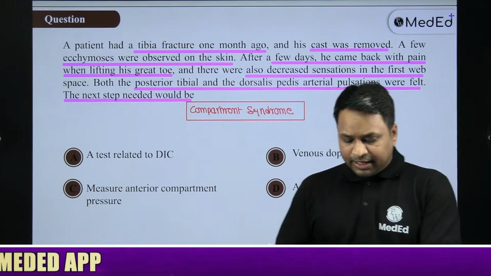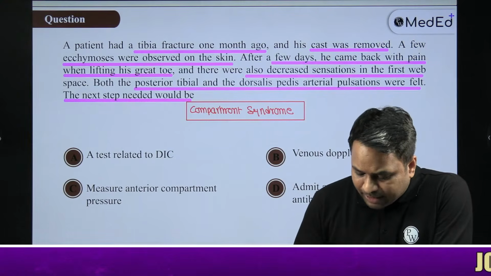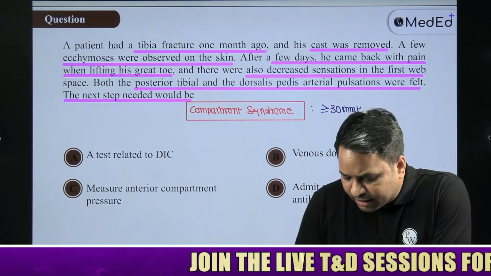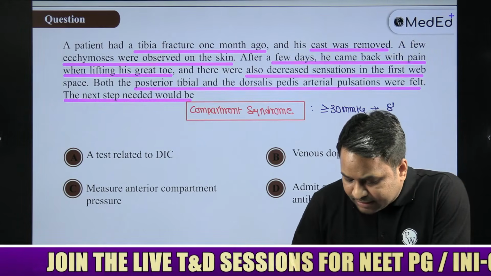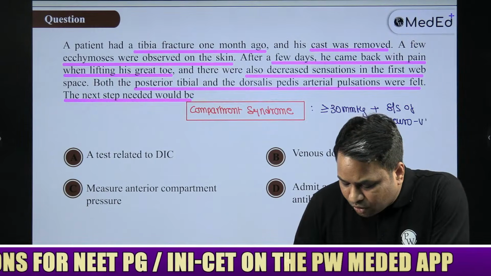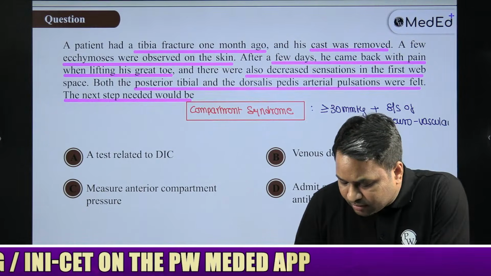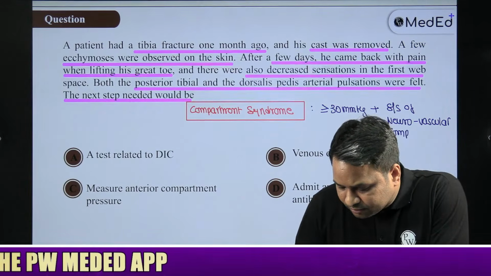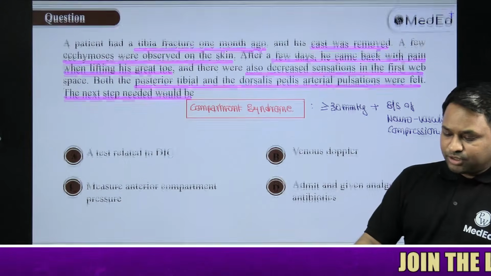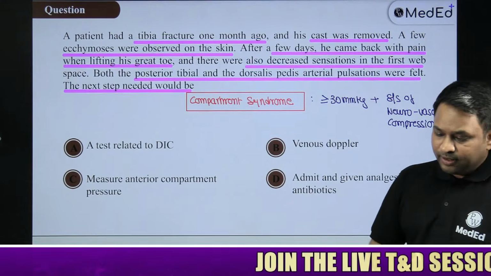The criteria for compartment syndrome is a compartment pressure more than or equal to 30 millimeters of mercury with signs and symptoms of neurovascular compression. This is what we call compartment syndrome.